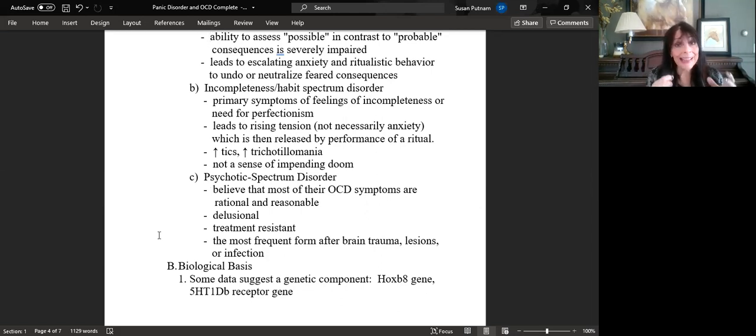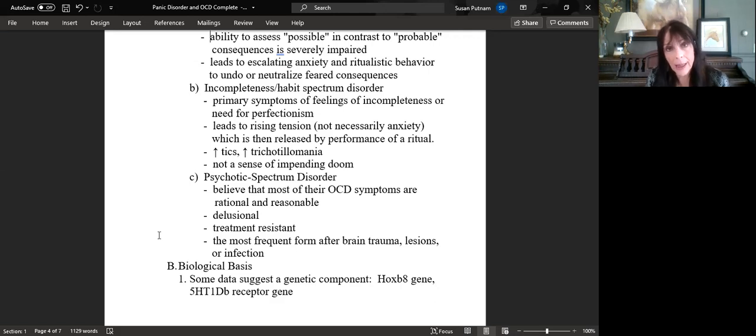This is different in that the individual actually believes that most of their OCD symptoms are rational and reasonable, unlike those others who feel they have to do them, but know somewhere that this is not really rational or reasonable. In this case, they totally believe it makes sense. They tend to be delusional and unfortunately very treatment resistant.